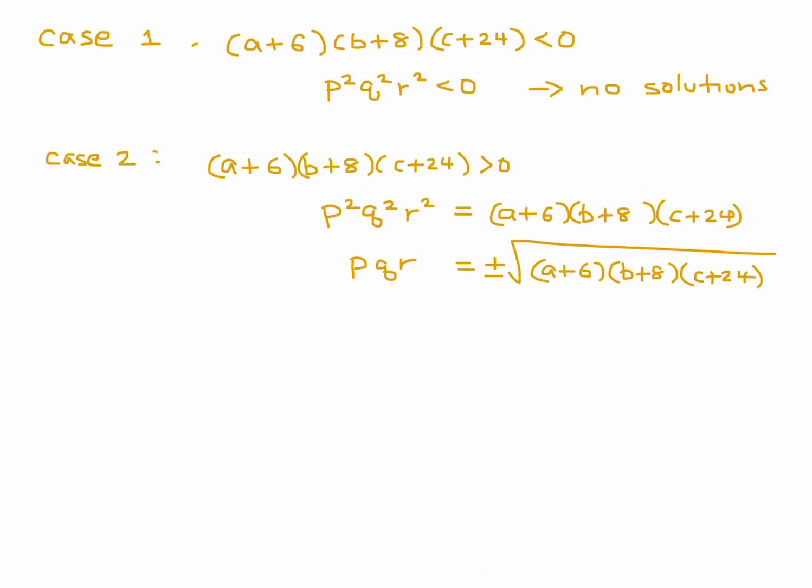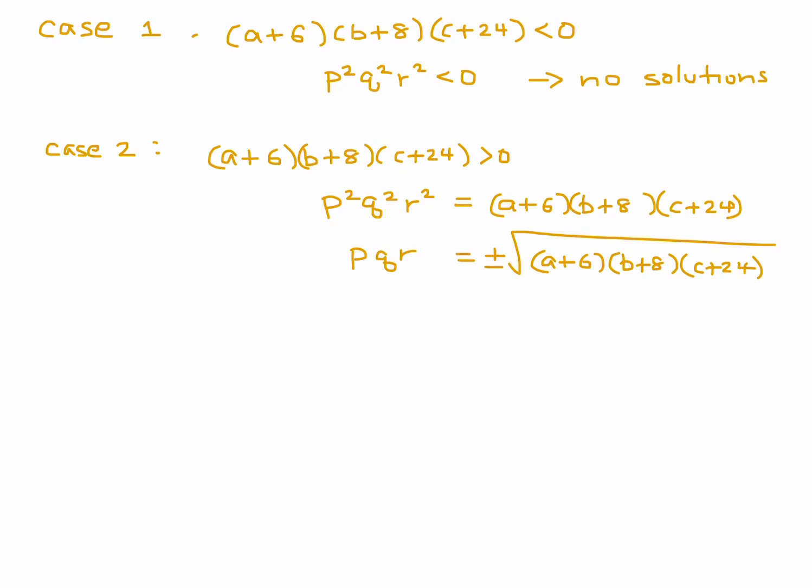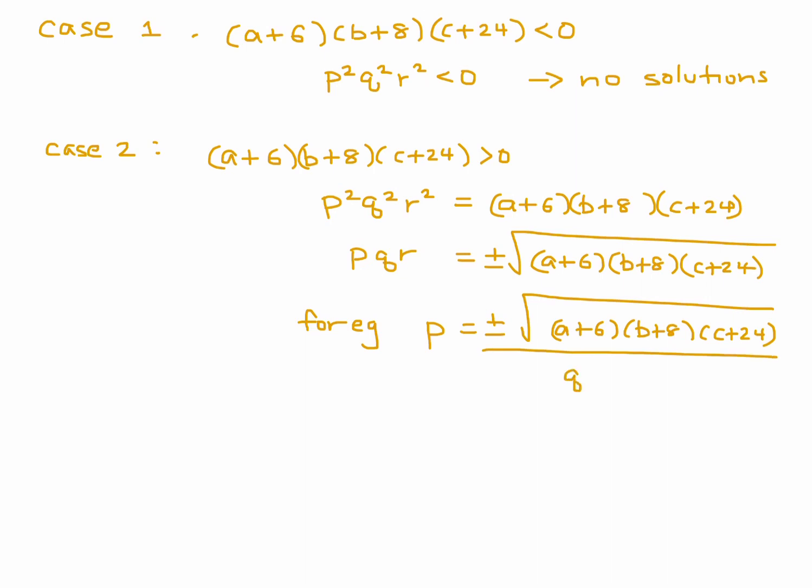Now, when that happens, you'll notice that this will give you a finite number of solutions, not infinite. So for example, p would be plus or minus the square root of a plus 6 times b plus 8 times c plus 24, over qr, right?